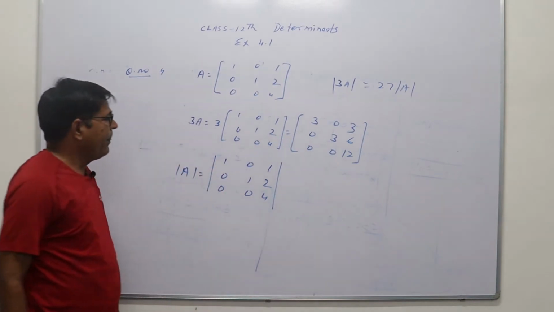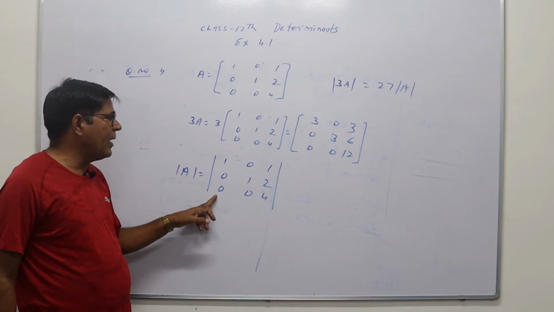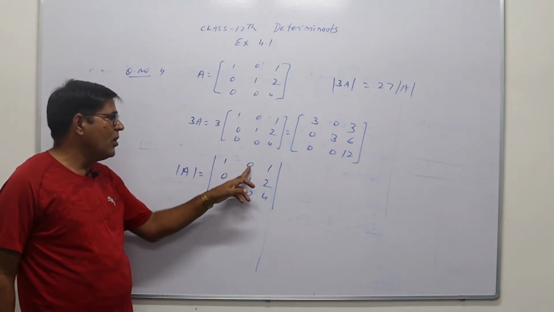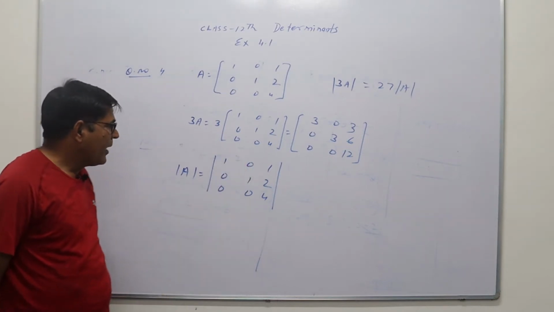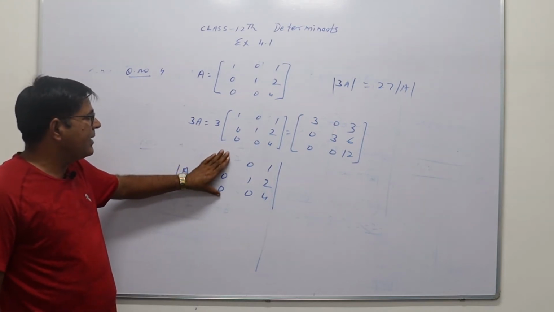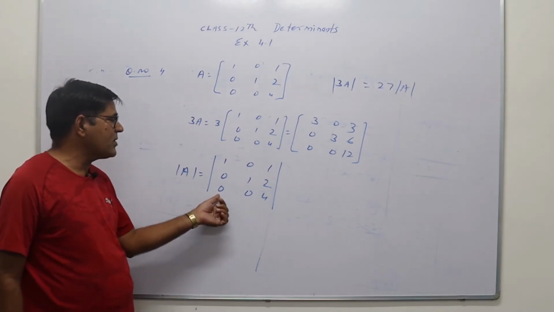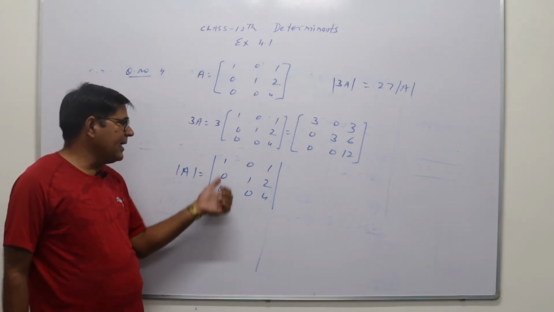Now here see, in this given determinant, in the first column there are 2 elements that are 0. So we will expand this determinant with respect to the first column.